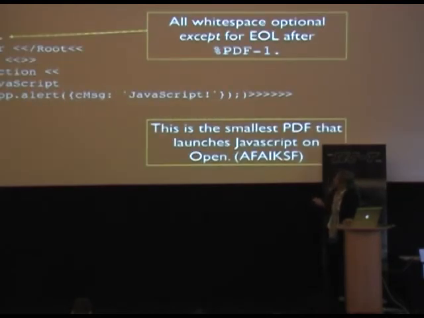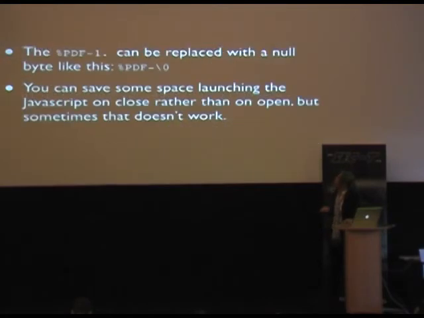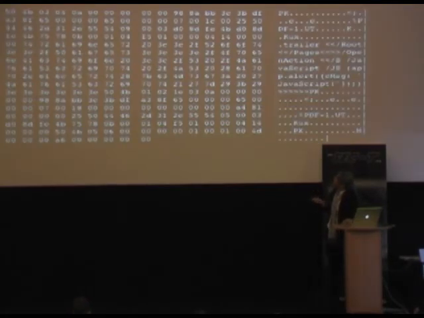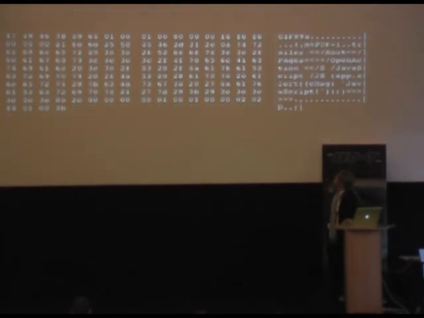You can also make this a little bit smaller if you do a closing action, because it's a 2-character string instead of an action. But anyway, as I said, it's pretty easy to embed this in a very small place. This is stuck into a zip file. Here's a GIF file with PDF as a comment, so you can essentially pass this GIF file to Acrobat and it will open it as a PDF along with the JavaScript.